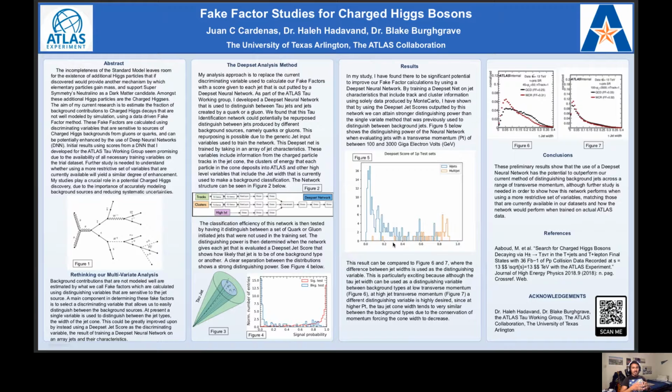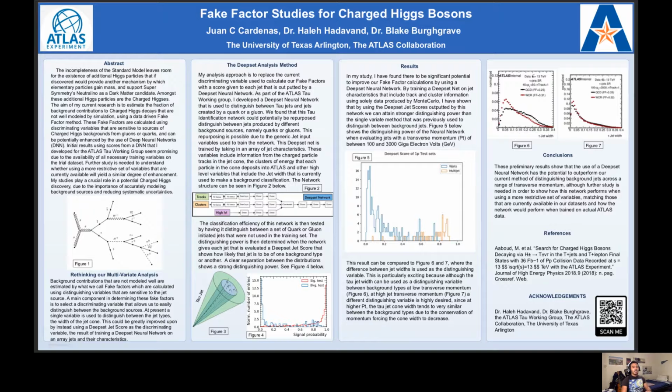So these fake factors are calculated using a jet variable that is sensitive to each background type, that is the width of the jet cone. But this variable isn't a very reliable way to distinguish between the jet types and can be improved upon by using a deep set neural network.